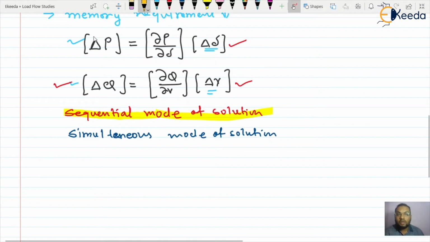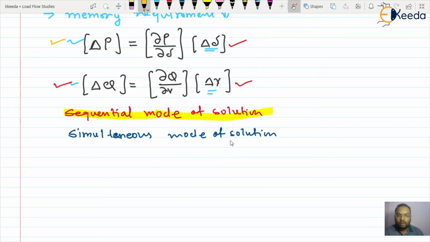Or else, suppose you are interested in economical studies, like finding the optimum allocation of generation, unit commitment, or frequency control in the power system, then you should have the idea of the real power in the system, so in that case you can independently solve the first equation. That is how the sequential mode of solution is helping us.